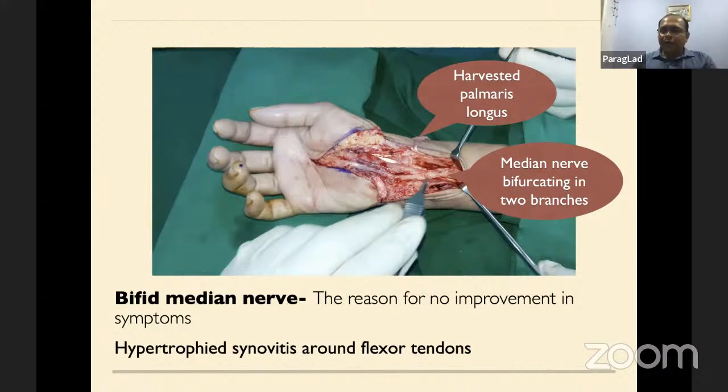Motor improvement is a little delayed, but honestly, 3 months later, either the patient comes for opposite hand surgery, or if there is any problem, then only they turn up in OPD to show no improvement in symptoms. Otherwise, a pillar pain or a scar pain remains for 3 to 4 weeks maximum. But after 3 months, if the patient is coming to us regularly complaining of pain, with positive Tinel sign and decreased grip strength and no improvement in symptoms, that will give me a warning signal that we should consider investigating that case.